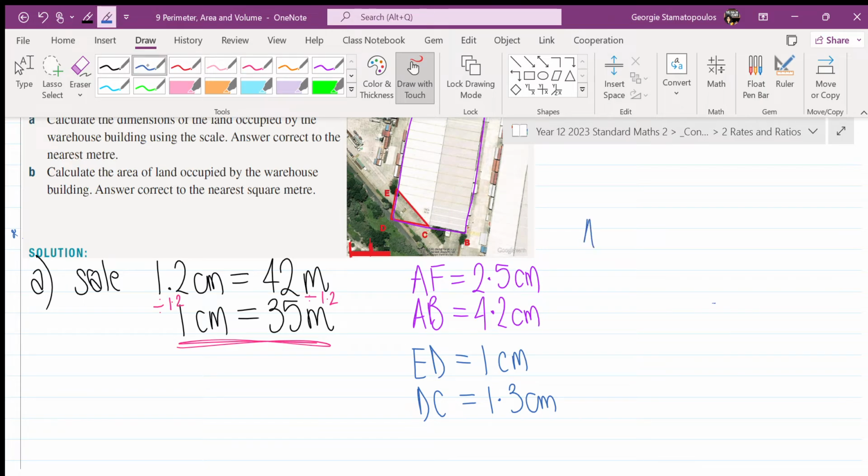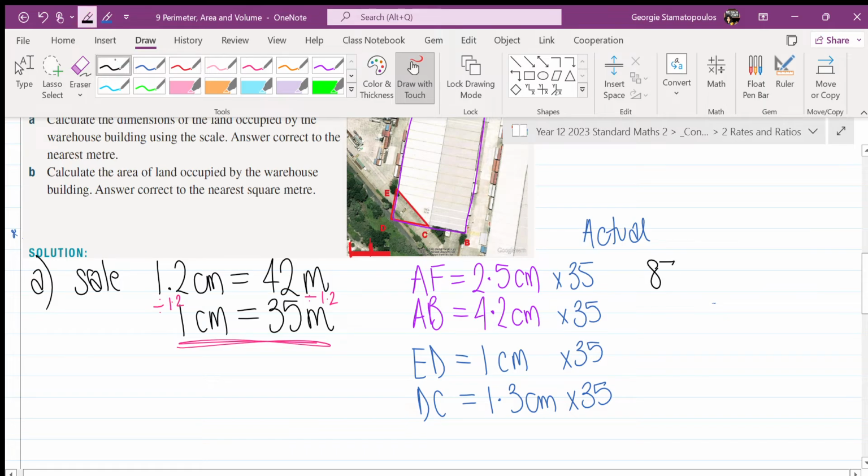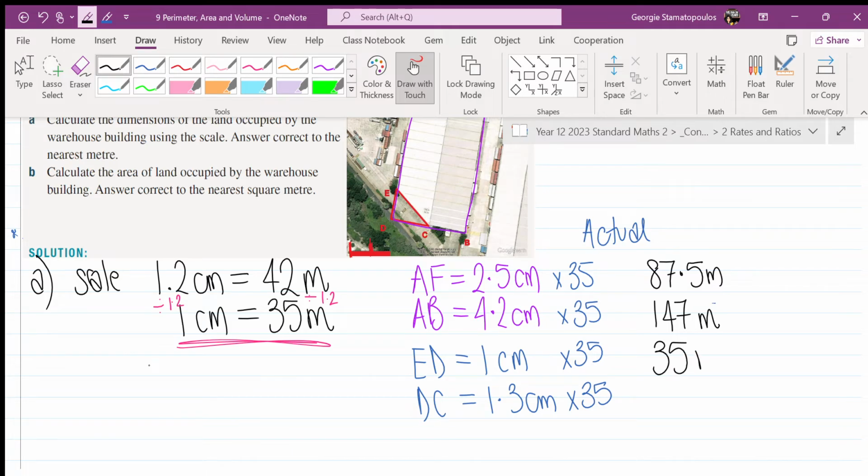So to find the actual, times by 35, times by 35, so we've got 87.5 for the width. 4.2 times 35 is 147 metres. Obviously 1 times 35 is 35 metres, but I wonder how many of you actually looked at trying to do that on your calculator. And 1.3 times 35 is 45.5.